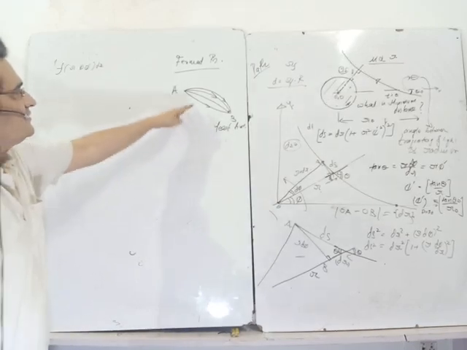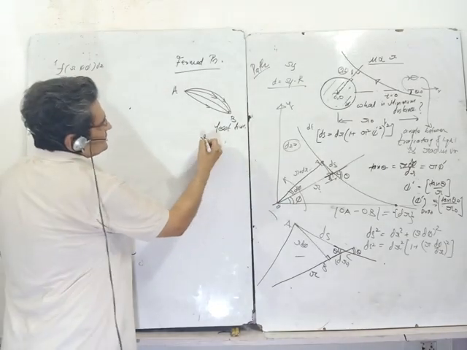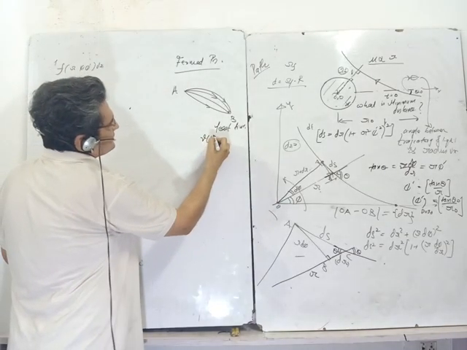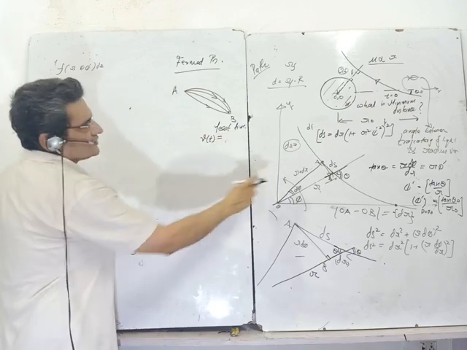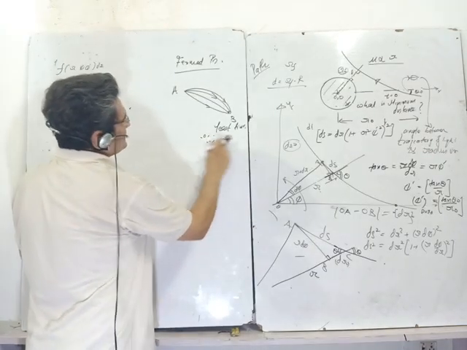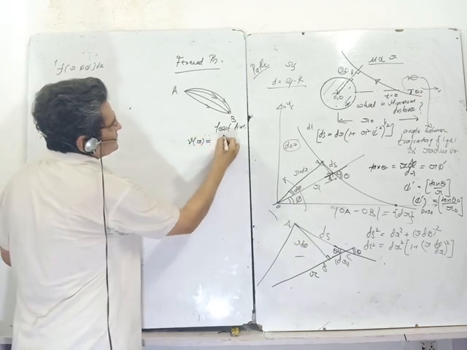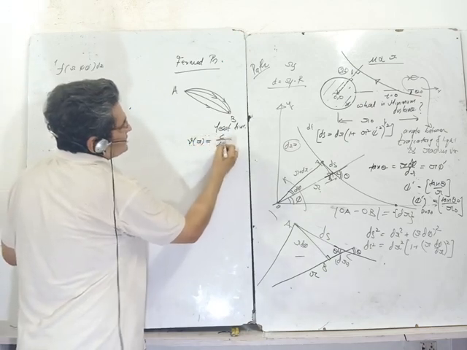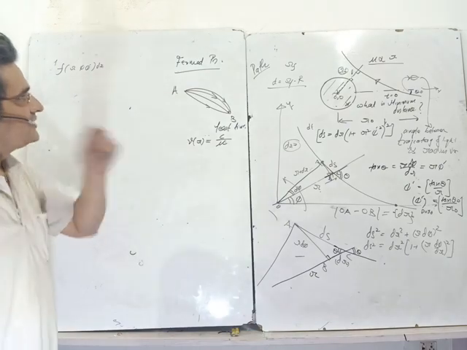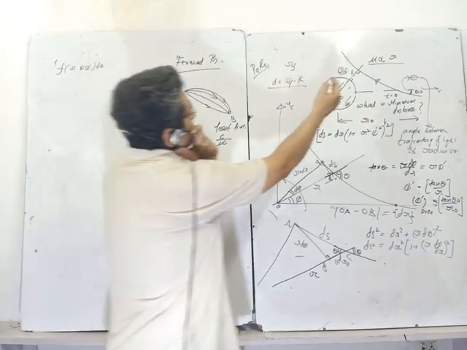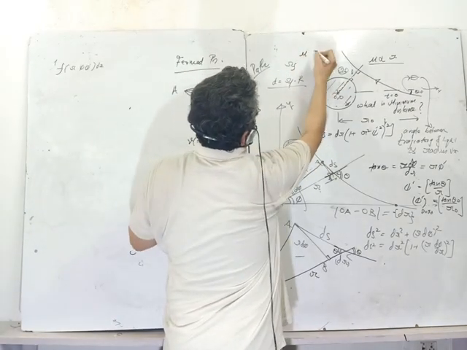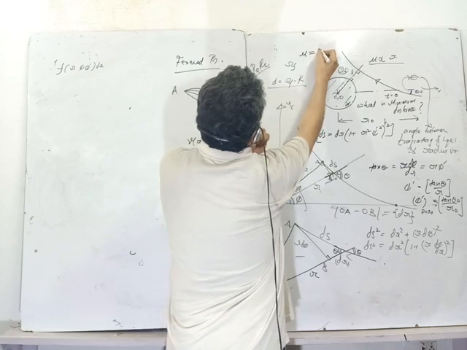And the velocity here is variable, so velocity at any radius vector r is equal to speed of light divided by the refractive index mu at that point. What is mu at any r? Mu is proportional to r, so mu at any value of r can be k times r.